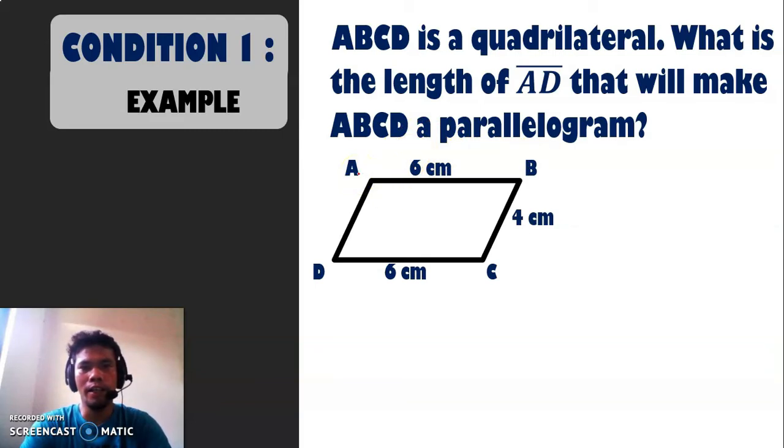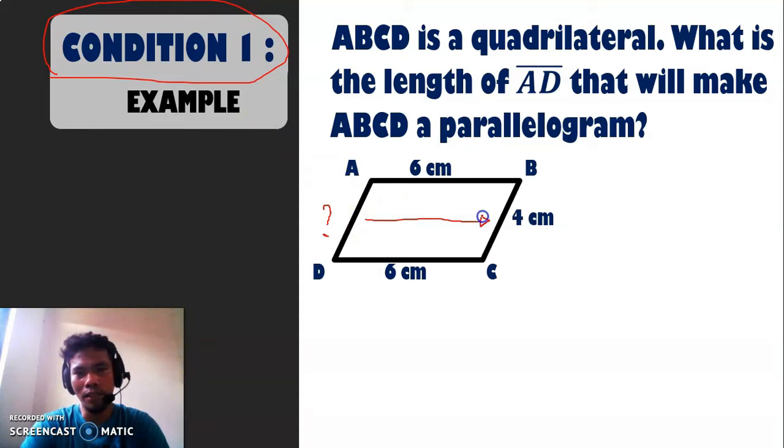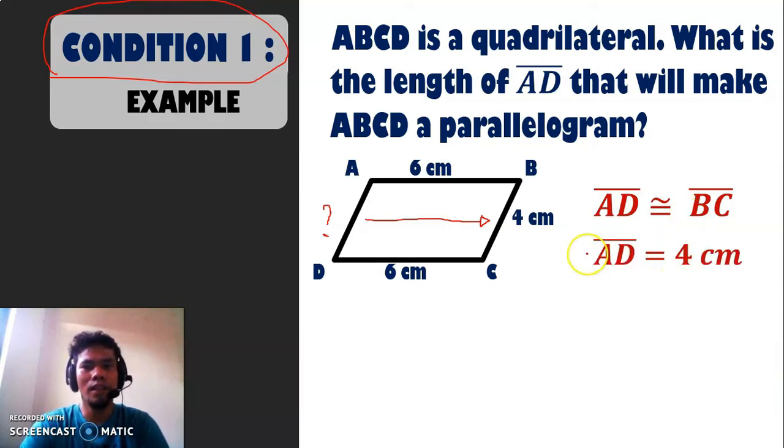This is quadrilateral ABCD, and since we are looking at the value of AD, and since we are dealing with condition number 1, which states that a quadrilateral is a parallelogram if both pairs of opposite sides are congruent, the opposite side of AD here is side BC. Therefore, side AD is congruent to side BC. Then, side AD is equal to the value of side BC.